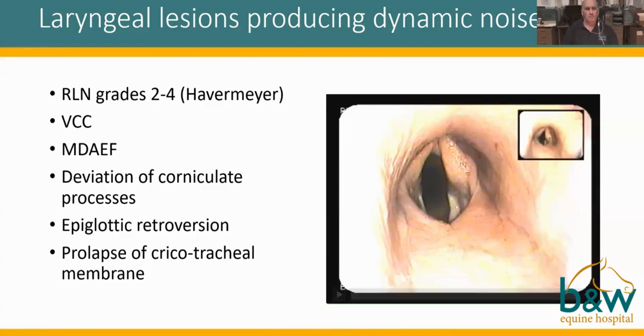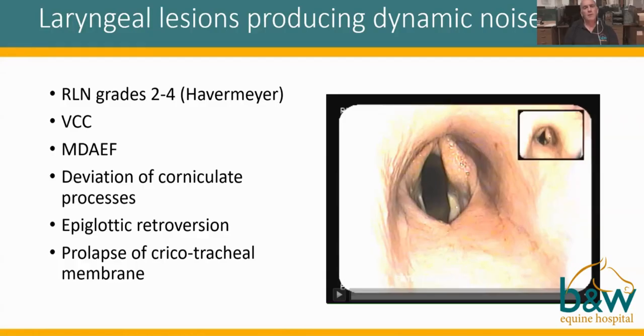And some of the others: grade 4 recurrent laryngeal neuropathy will make an abnormal noise at pretty low levels of exercise intensity, but as the grades decrease, it may be that the respiratory noise only appears as the horse nears exhaustion or the maximal exercise potential.